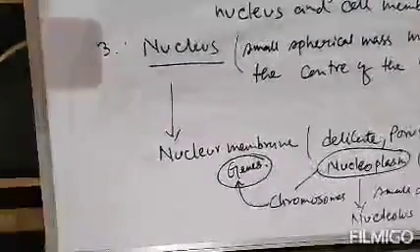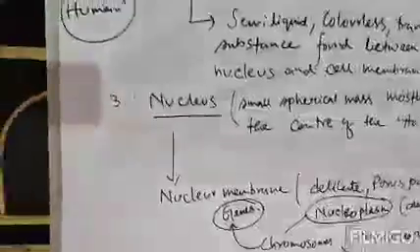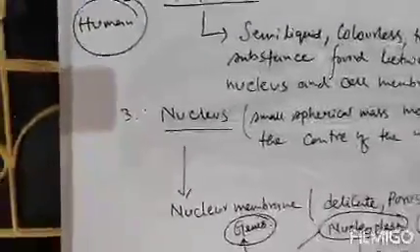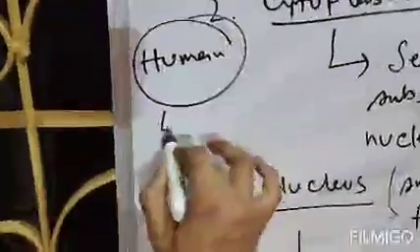Clear? Now remember one thing: the question will be asked like this: write the number of chromosomes present in the human body. Your answer will be 46.